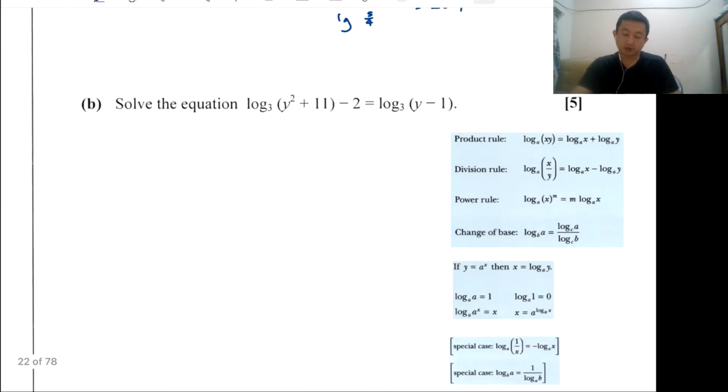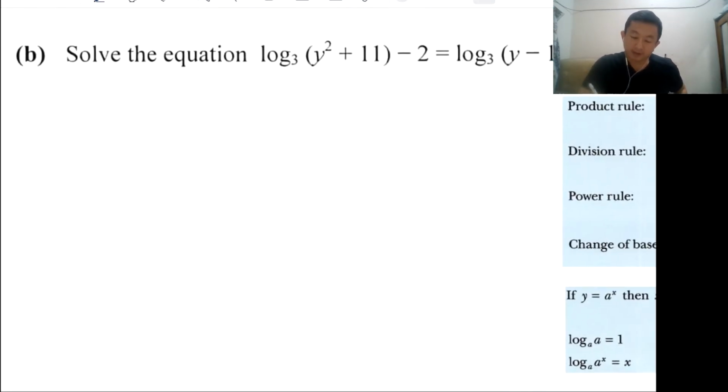Okay, solve the equation, finding the value of y. Base 3, group them together. Constant will go to the other side. So when you move this is minus, when you move this is plus.